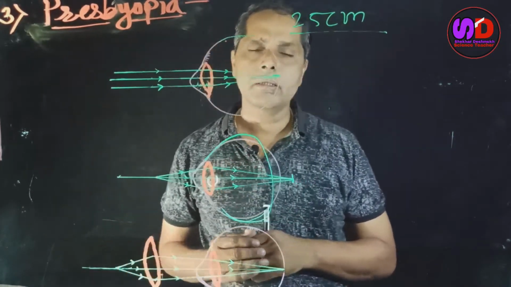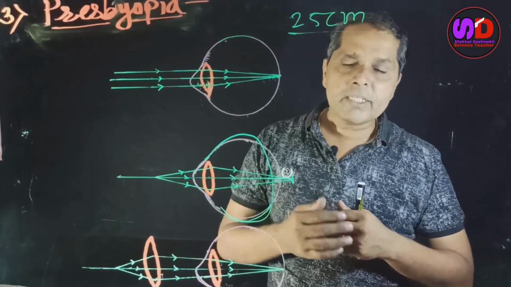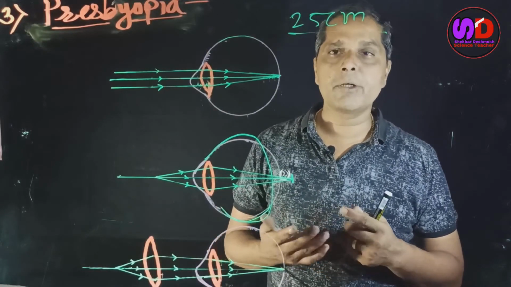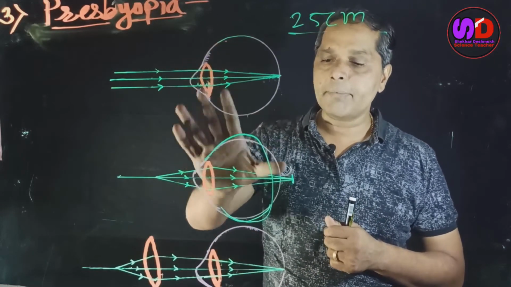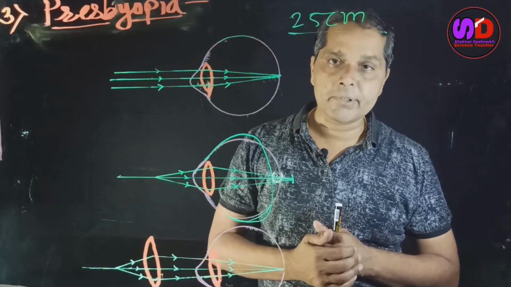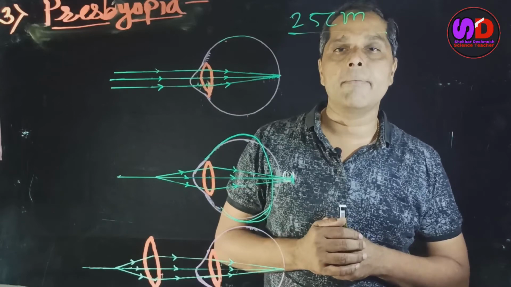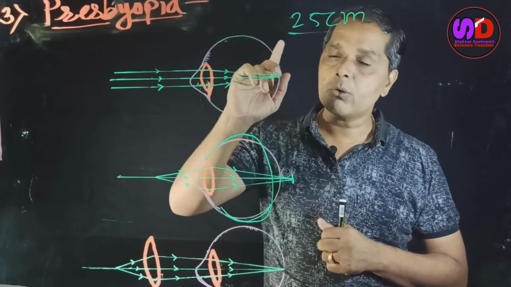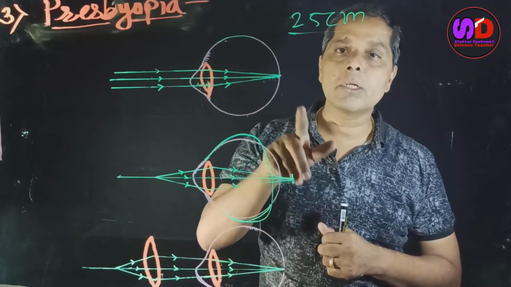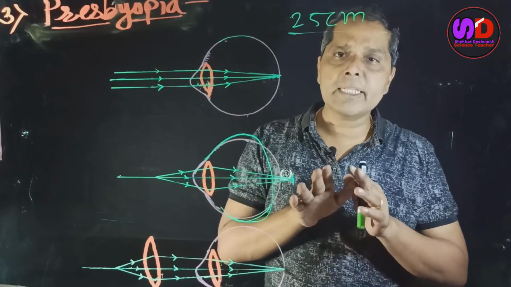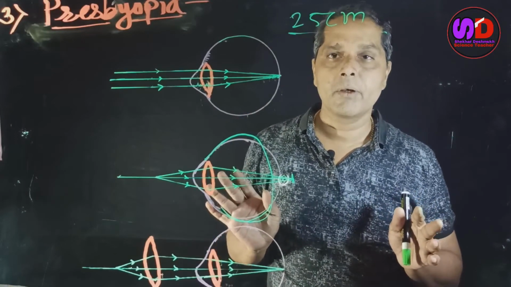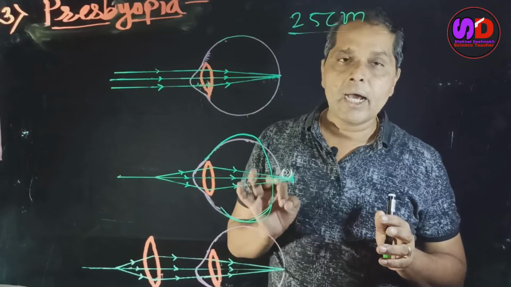And the cure of this defect, what should it be? I kept these diagrams as they are for hypermetropia, because if presbyopia is asked in the exam, then you have to draw these diagrams only, because it is nothing but hypermetropia. What is the difference?